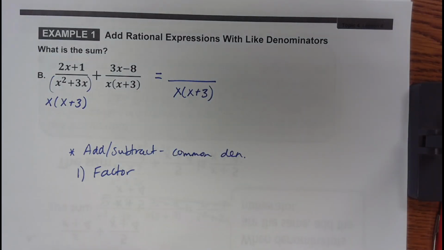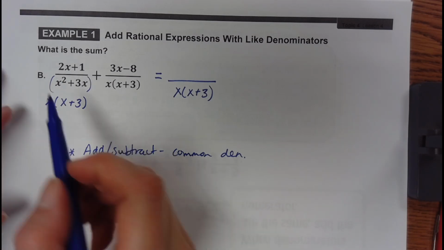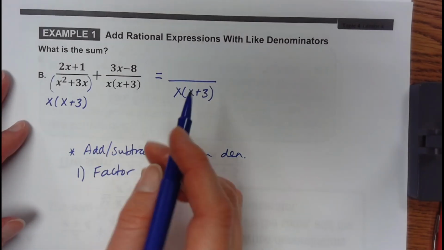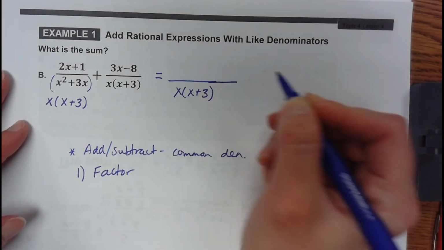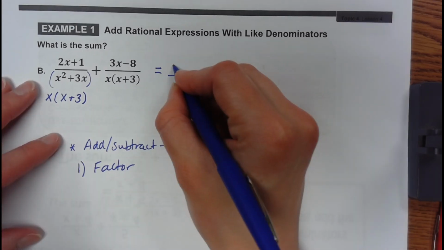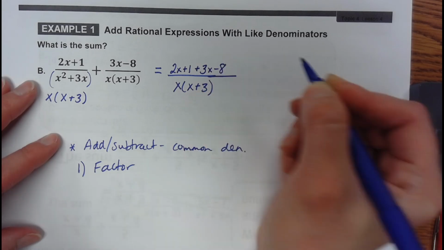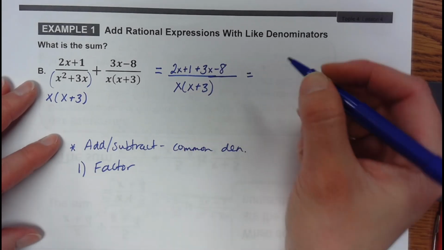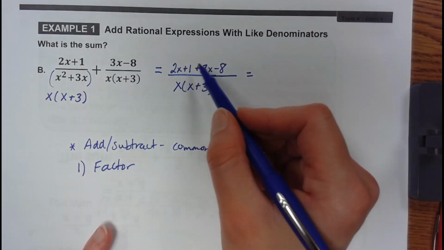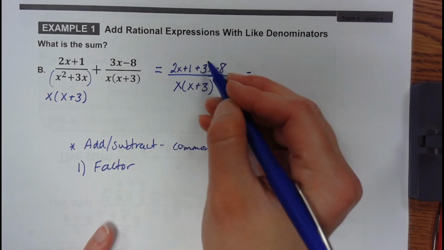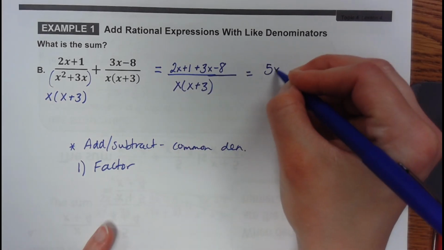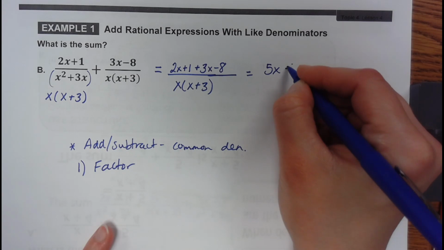And so now I can add both of these on the top. A lot of times I like to think of this as one big fraction so that I can see it. So it's 2x plus 1 plus the 3x minus 8. Now we're going to combine like terms on the top. So 2x and 3x gives us 5x. 1 minus 8, we have a negative 7.